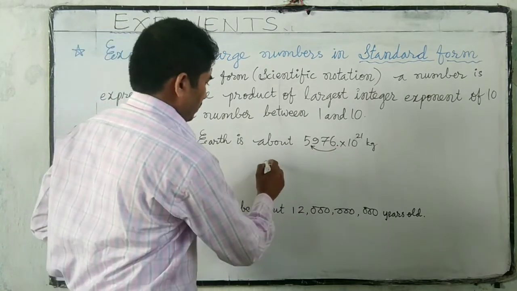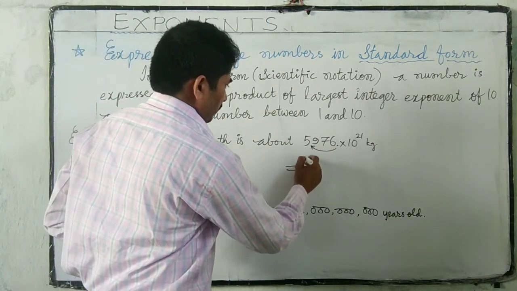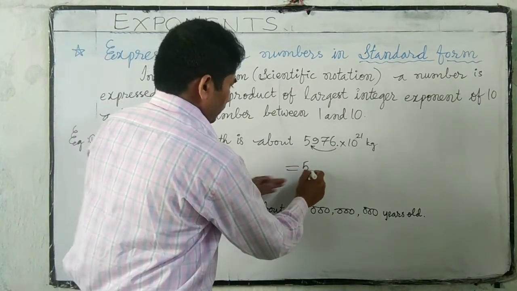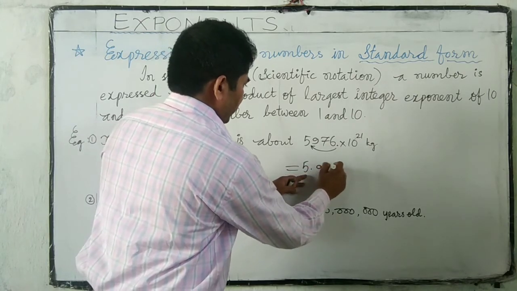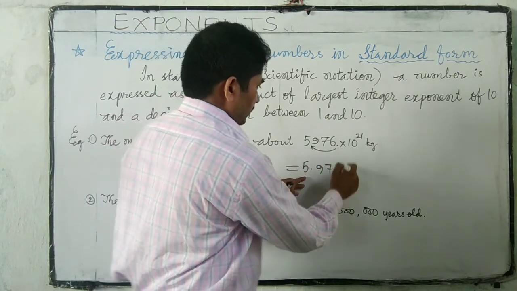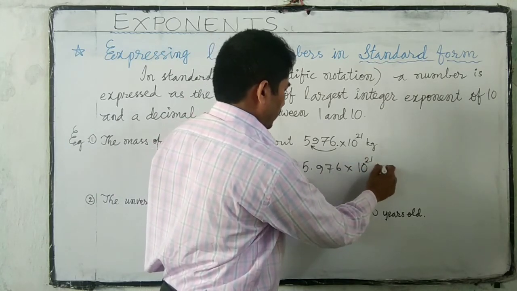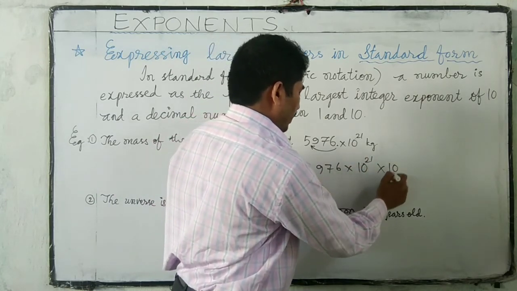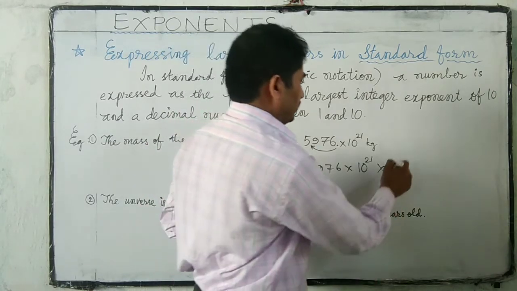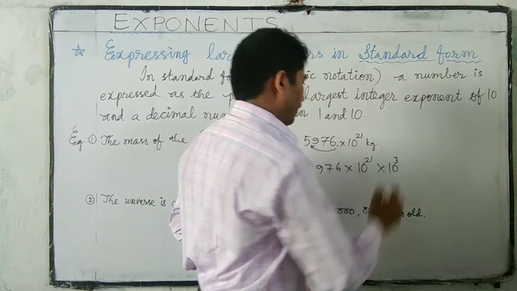So 5.976 into 10 to the power of 21 into 1000. 1000 means 10 to the power of 3.